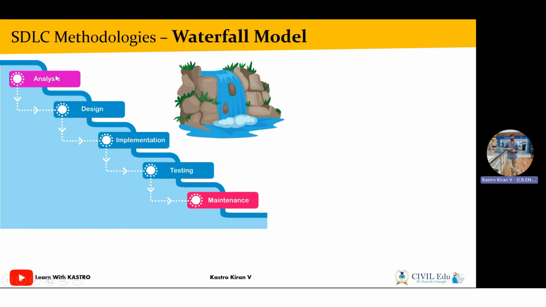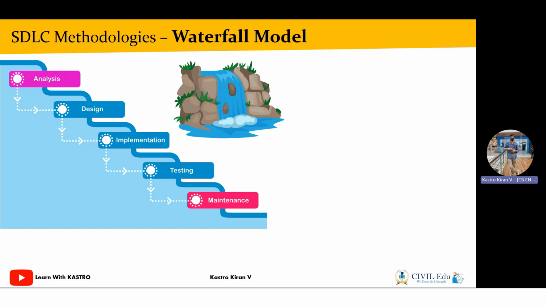So here, what is the first step? The first step is the analysis, which is the requirements gathering. So here in the requirements gathering, what the software people or what the IT engineers will do is they will be gathering the requirements that are required in order to develop any software project.